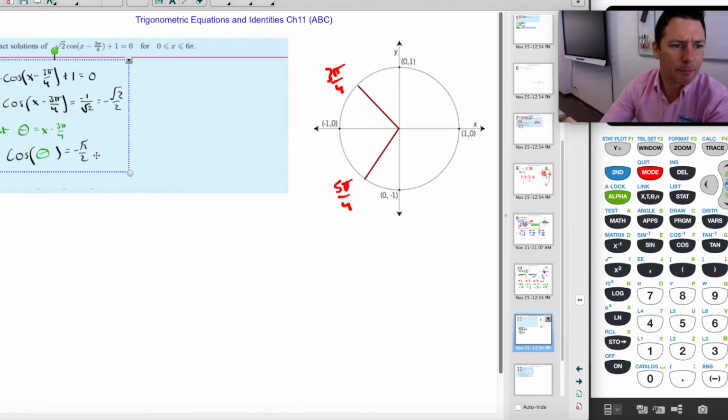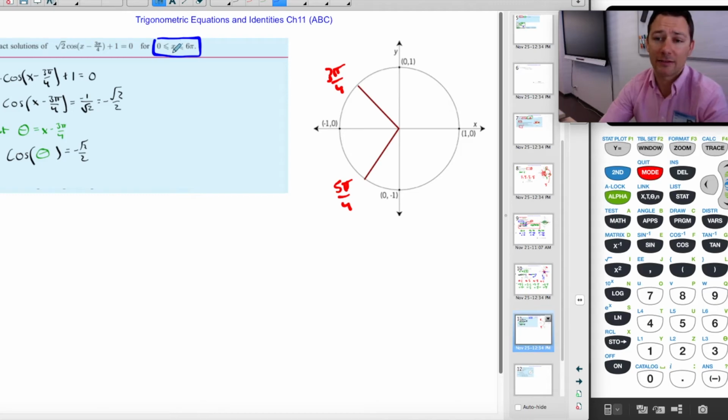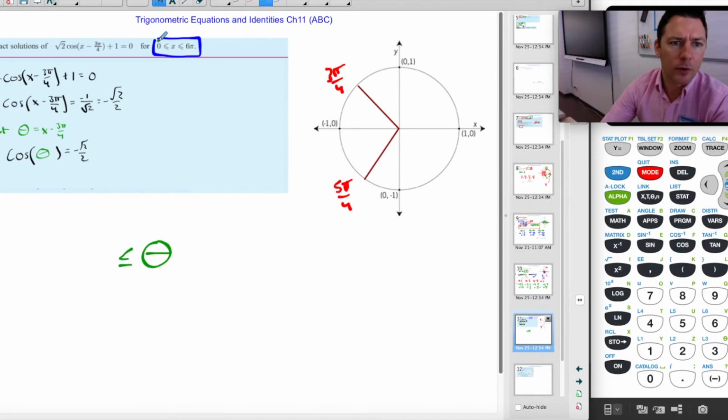So I'm trying to basically solve that equation, but my interval changes because the guts here has a different minimum and maximum based on x's minimum and maximum. Theta at the smallest is when x is its minimum. You throw that in there, you get 0 minus 3 pi fourths.